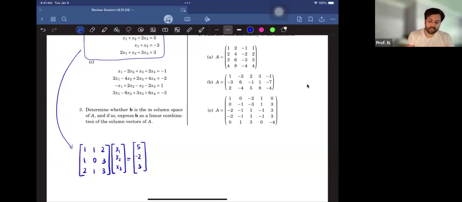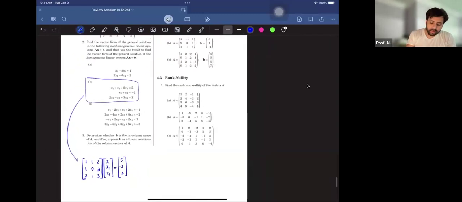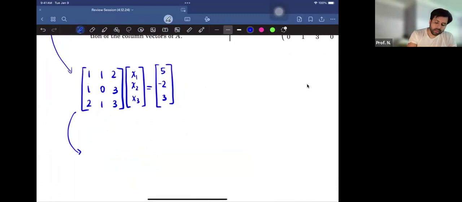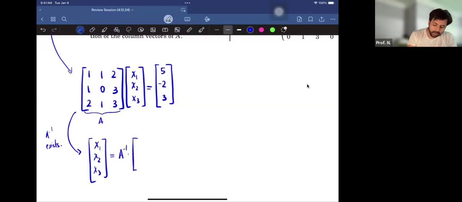And so this is good. Because this is good, this is invertible, so A inverse exists. What that means is x1, x2, x3, and this is A, is equal to A inverse times this.